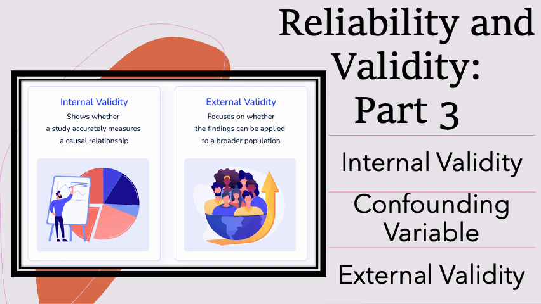That doesn't mean it is hitting the point, measuring what we want it to measure. However, an instrument cannot be valid. It cannot measure what we want it to measure unless it is first reliable. And I encourage you to pause and think about that very important concept for a minute.